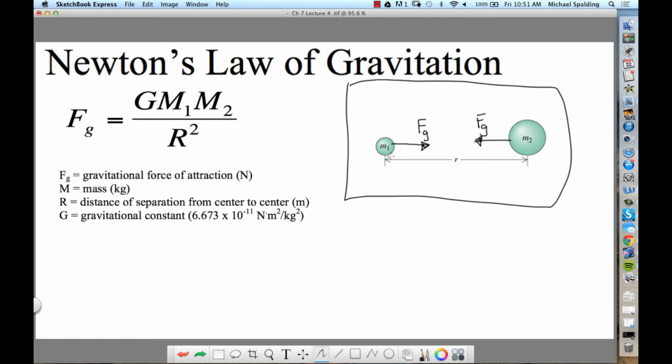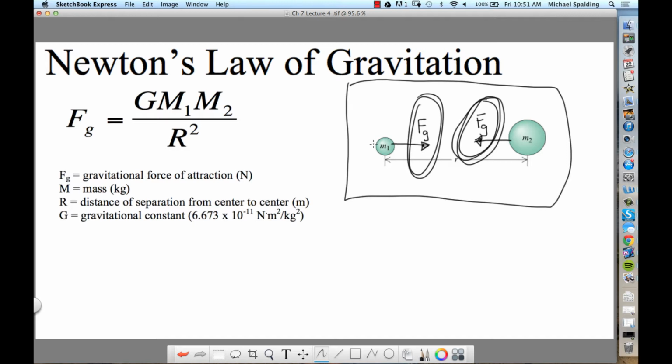So M1 exerts a force on M2. This force right here is the force of M1 pulling on M2. So what does M2 do back to M1? It exerts a force. These two masses are exerting force on each other, and those two forces are equal and opposite. Notice how they point in opposite directions, but they're the same force, even though M1's small and M2's big.